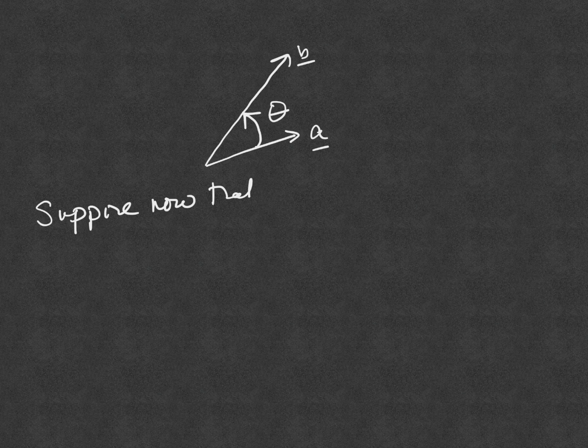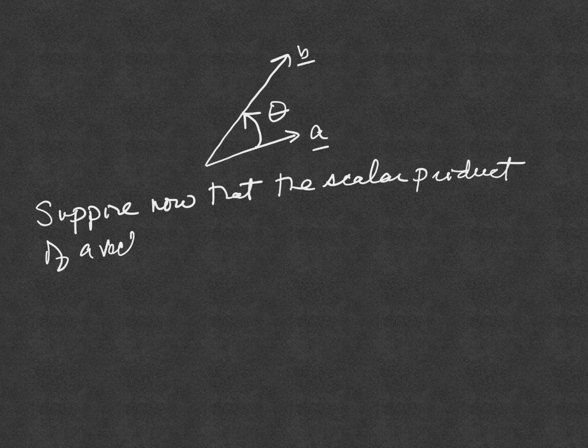So suppose now that the scalar product of a vector B with itself is taken. What does that mean?